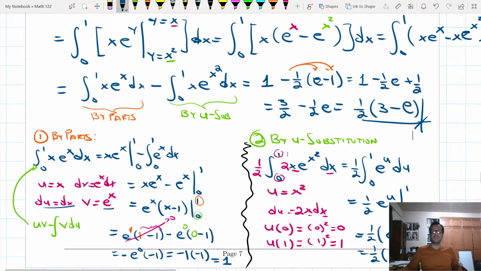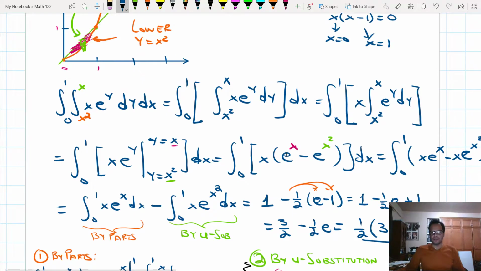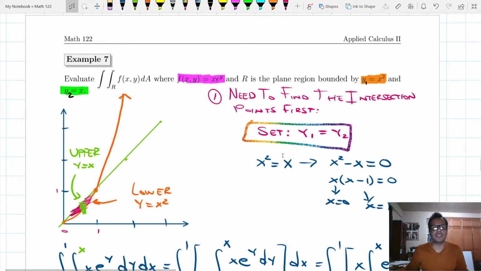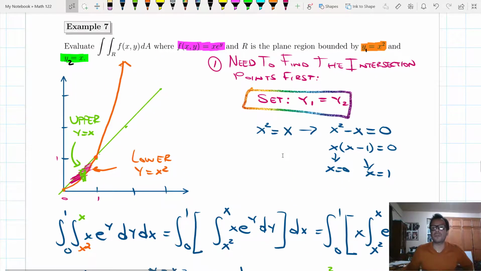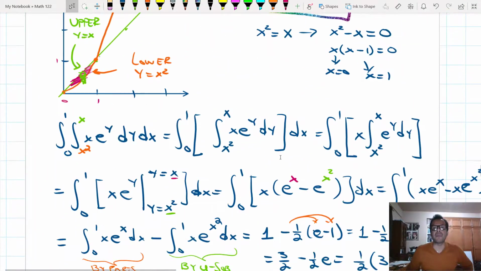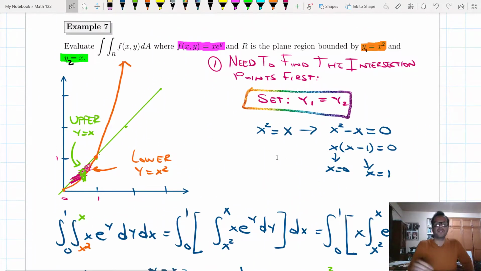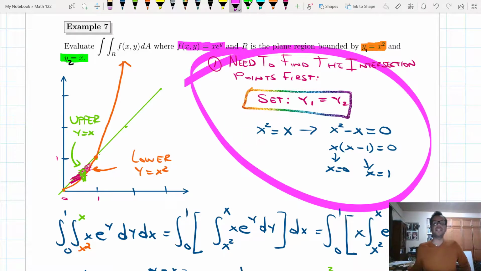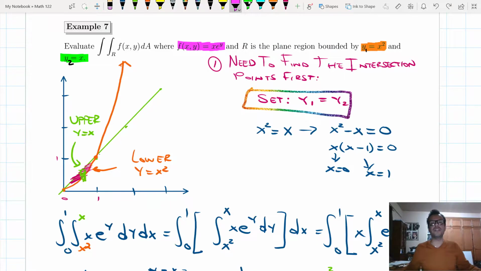Okay. Yeah, so this one was kind of a big problem, long problem, right? Let me recap. So in this case, they're not giving us any information about the intersection points or the limits of integration, so we find them ourselves, setting the two functions equal to each other and solving the polynomial equation.